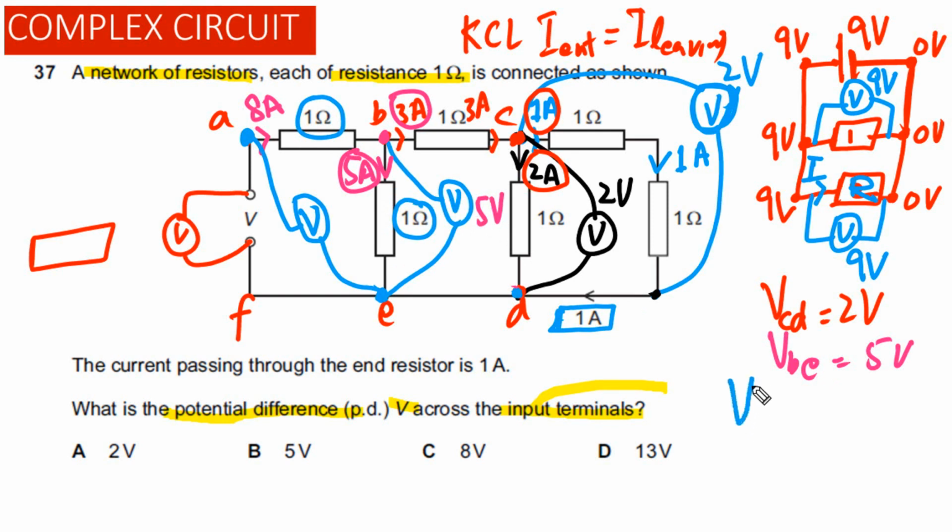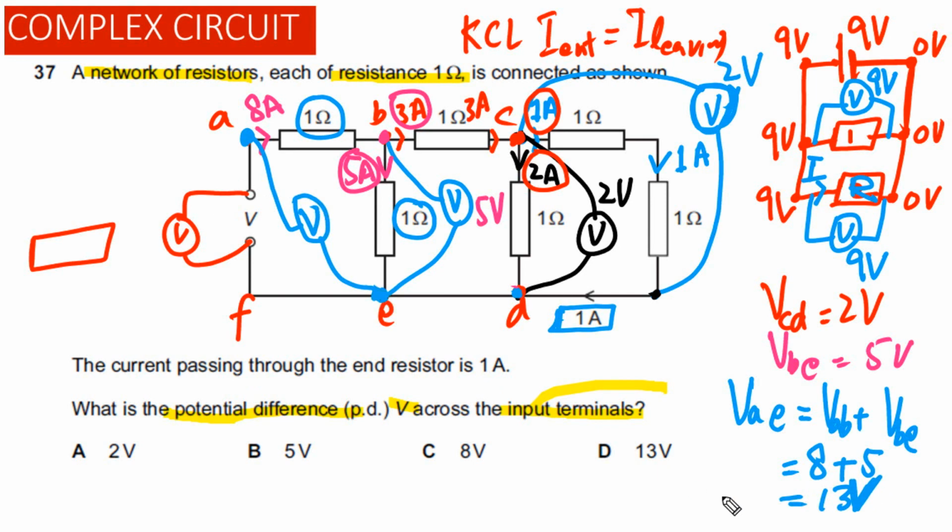So V_AE will be equal to the potential difference across AB plus the potential difference across BE. Across AB is 8 plus across BE, 5. So the potential difference across AE is equal to 13 volts.